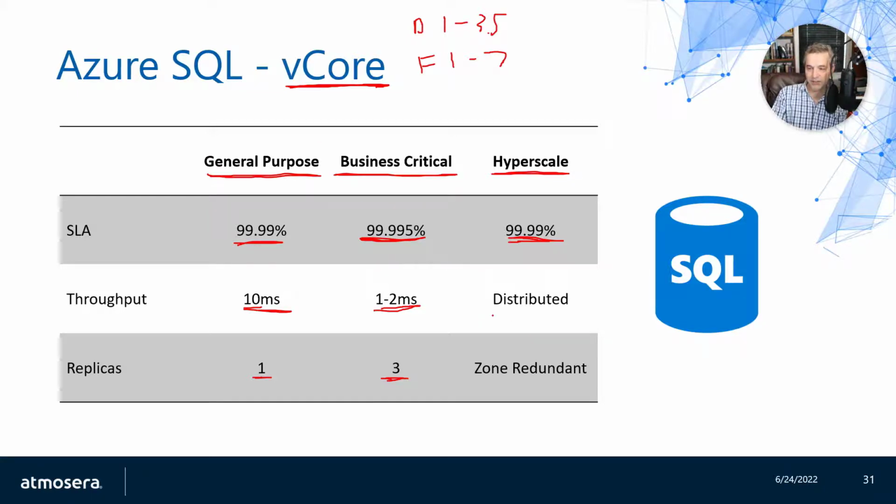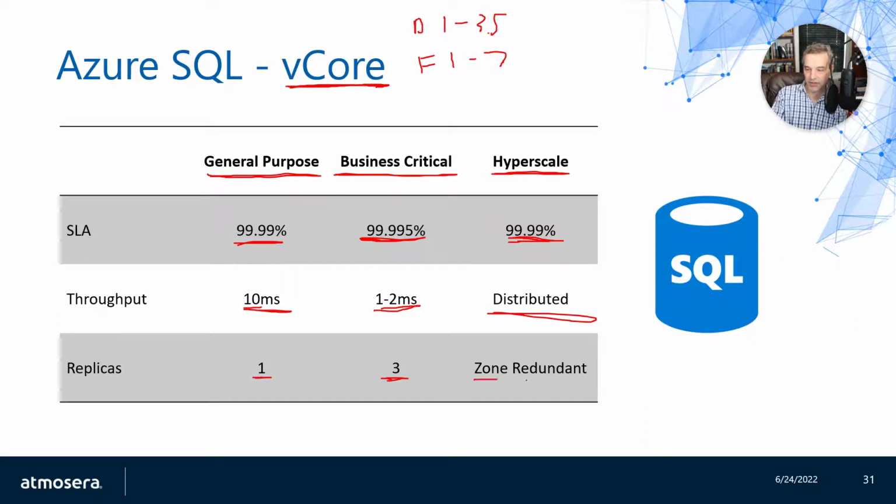And this one has distributed storage, so the throughput characteristics are going to wildly vary depending on the kind of operation that you're going to be doing against a hyperscale database. It's a distributed database, so it can be slow in some cases depending on the kind of query, and it can be very fast depending on the other types of queries and the concurrency and a lot of other factors that go into the hyperscale option.